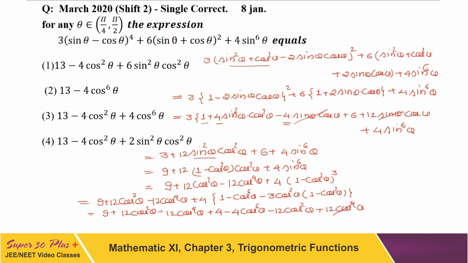Now check it. The 12 cos²θ cancels out, and 12 cos⁴θ and 12 cos⁴θ also cancel out. 9 plus 4 is 13. 13 minus 4 cos⁶θ is our answer. Means option 2 is the correct answer.